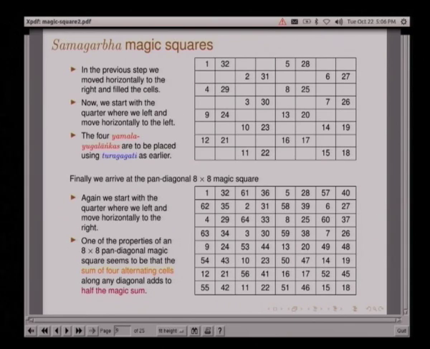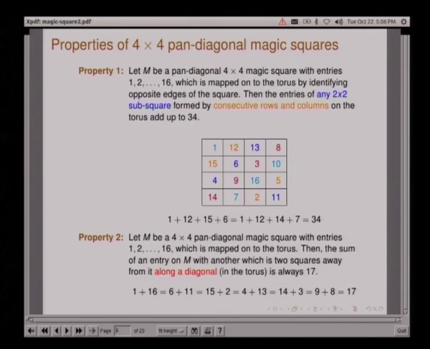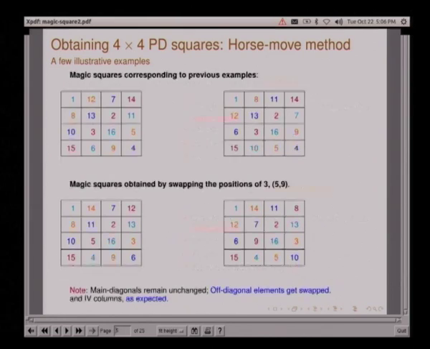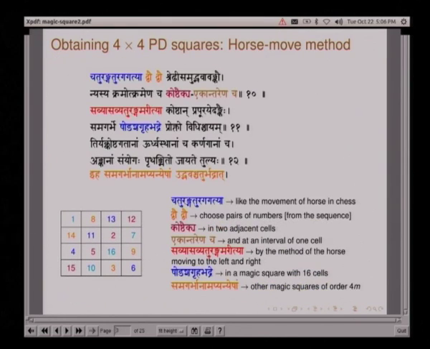One thing you need to note here is that whatever role is played by 4 and 5 in the case of a 4 by 4 magic square will be played by 16 and 17. For instance, in the case of 4 by 4, 4 and 5 are placed by moving towards the east.